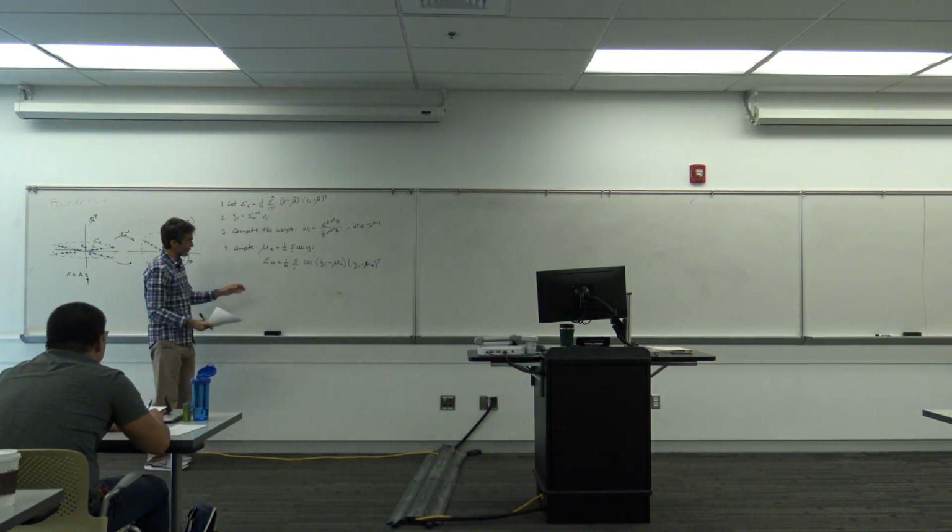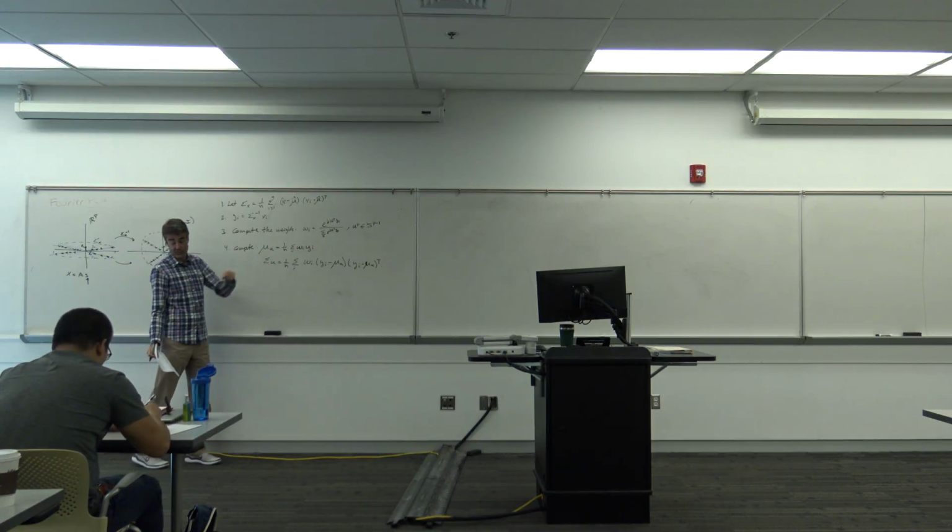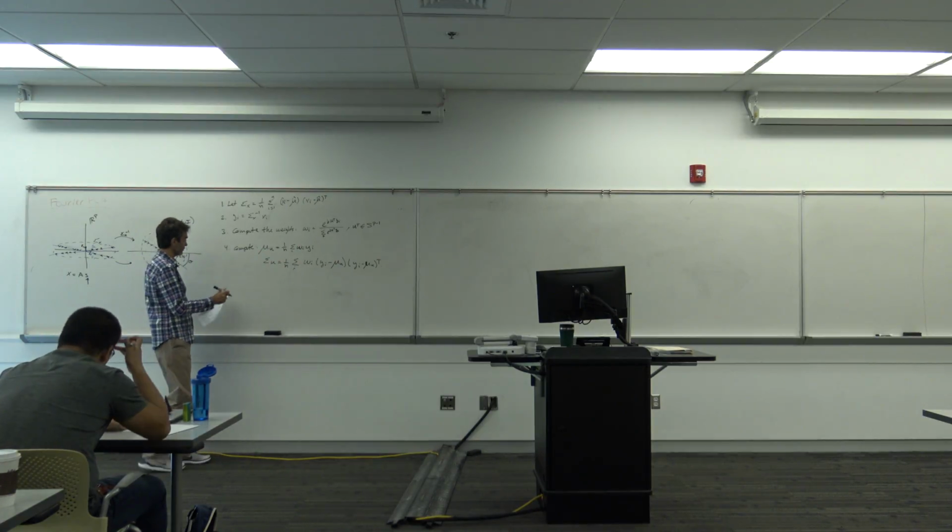So now I compute the new mean and the new covariance matrix for that vector u that I'm looking for.